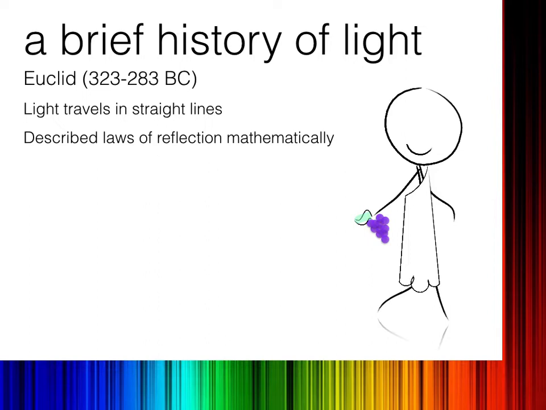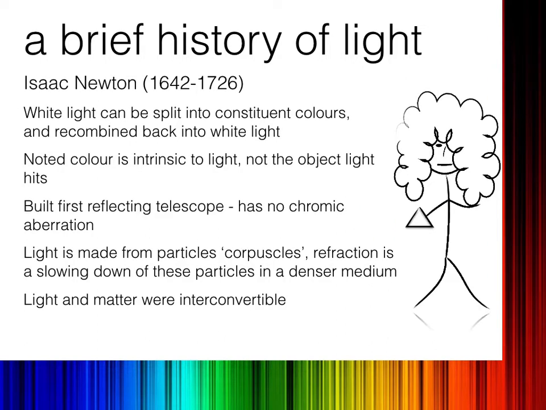He also put some mathematical laws on the processes of reflection, so how mirrors work and how light is reflected off the surface of lakes and things like this. So that's our first understanding, very, very important: light always travels in straight lines. Largely our understanding of light didn't change a lot in the next 1900 years.